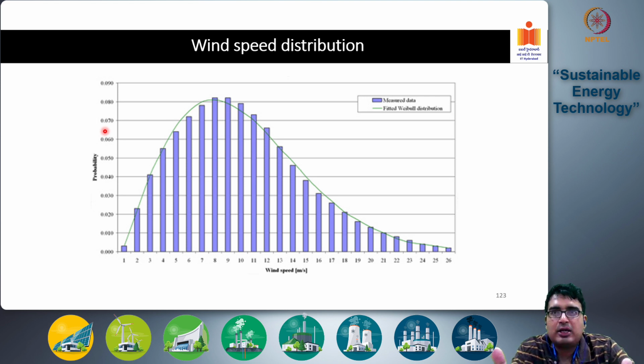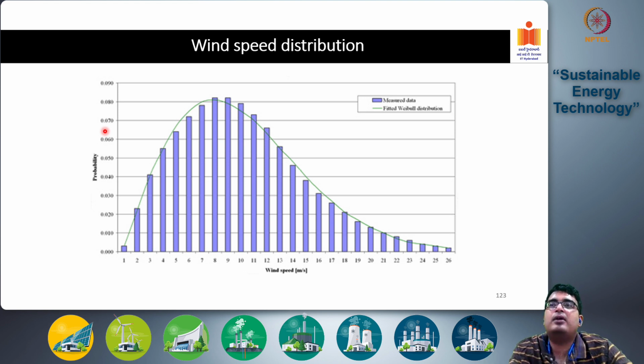That is, how much time over the entire year, say, a wind speed of 8 meters per second was obtained, or how much time over an entire year a wind speed of 10 meters per second is obtained. So if the hour is the unit of time, and in a year you have around 8,760 hours, 365 into 24, then these 8,760 hours can be separated out into the number of hours for which wind speed at a certain specific value was blowing.